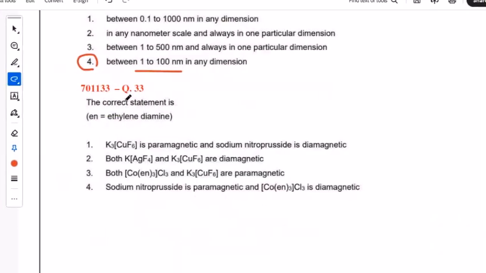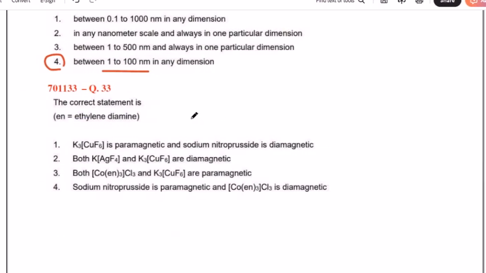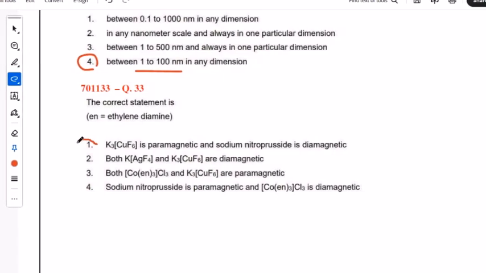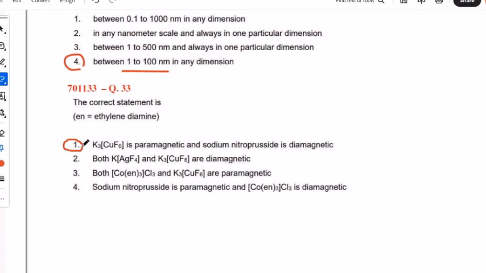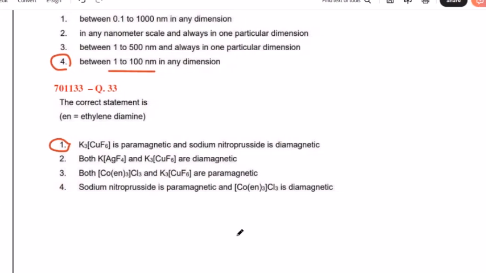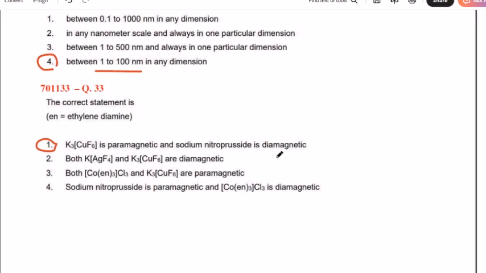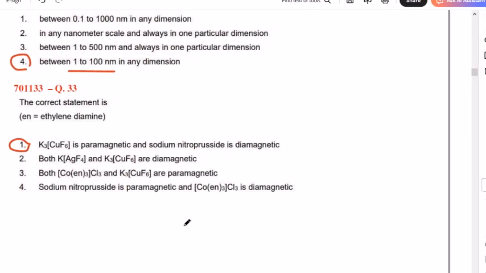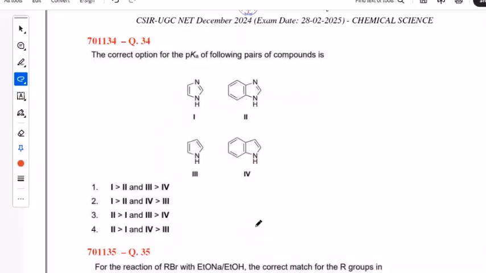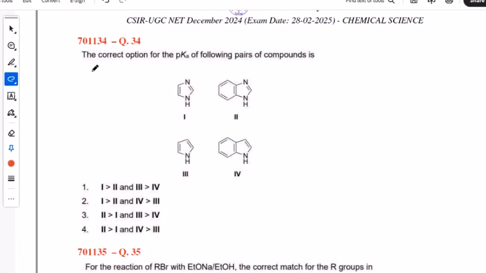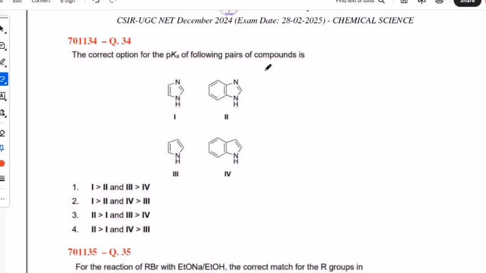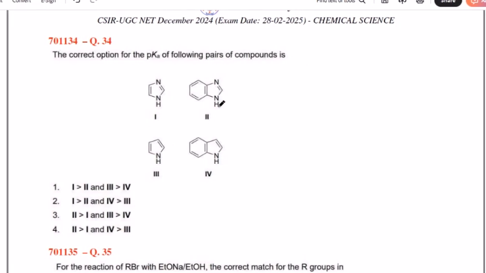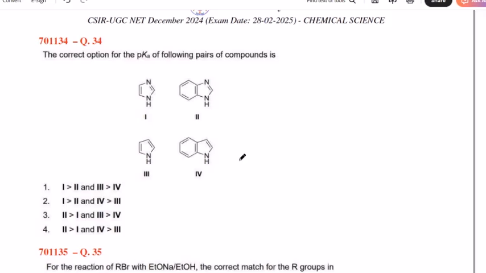Next, question number 33. The correct statement is option number 1, that is potassium copper hexafluoride is paramagnetic and sodium nitroprusside is diamagnetic. Option number 1 is the correct option, students. Next, question number 34. The correct option for the pKa of the following pairs of compounds: imidazole, benzimidazole, pyrrole, indole.